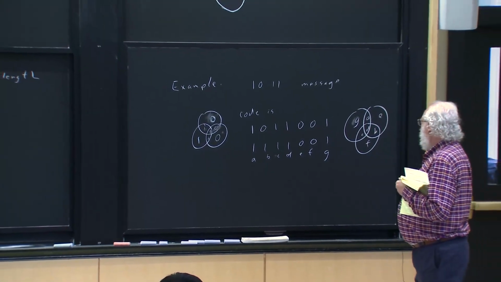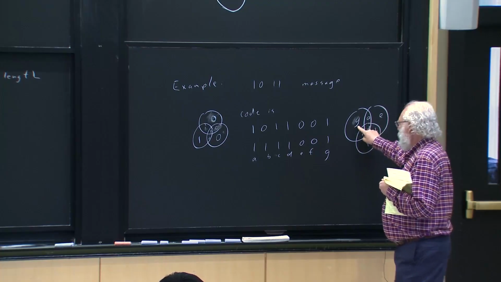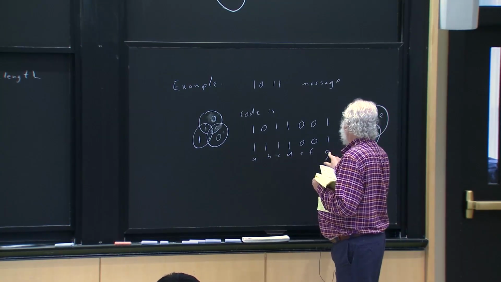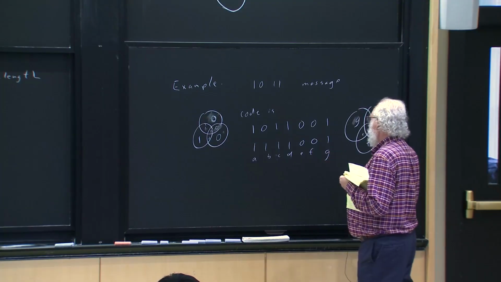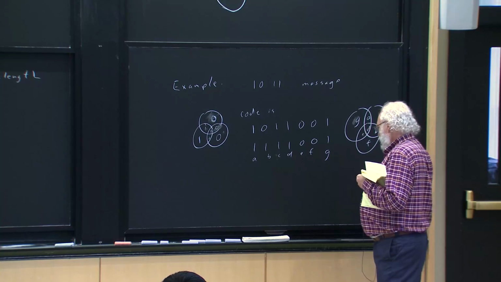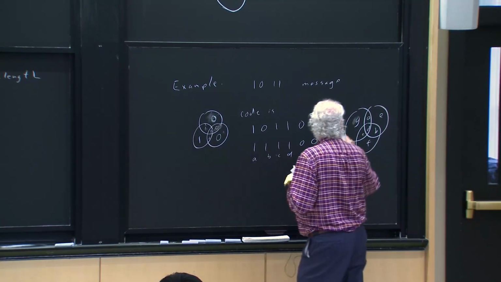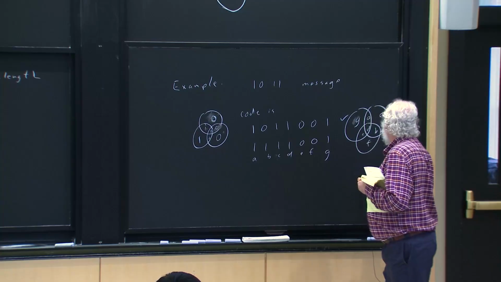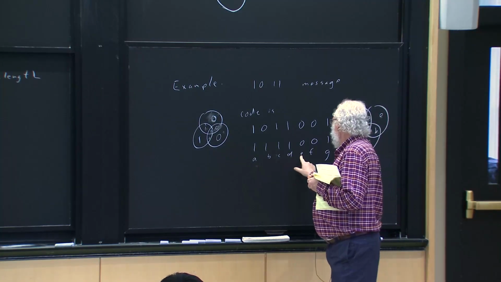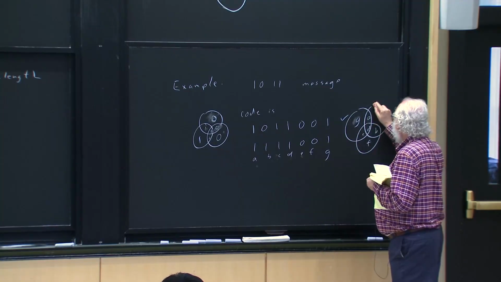So now we compute A plus D plus C plus G. That is 0. So this circle is correct. Now we compute A plus E plus B plus D. That's 1. So this circle is incorrect.